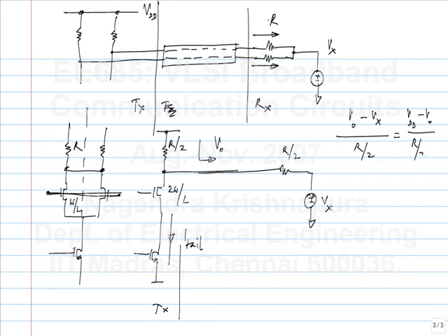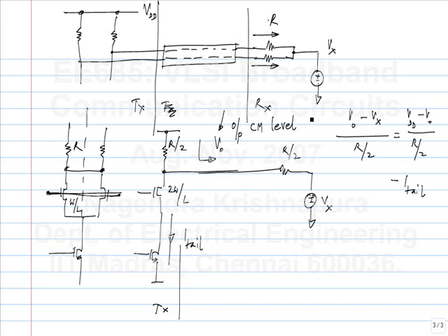So we have V out minus Vx divided by R by 2 will be equal to VDD minus V naught divided by R by 2 minus I tail. It is very easy to solve for V naught, but the bottom line is, if Vx keeps on dropping, V naught will also keep on dropping.